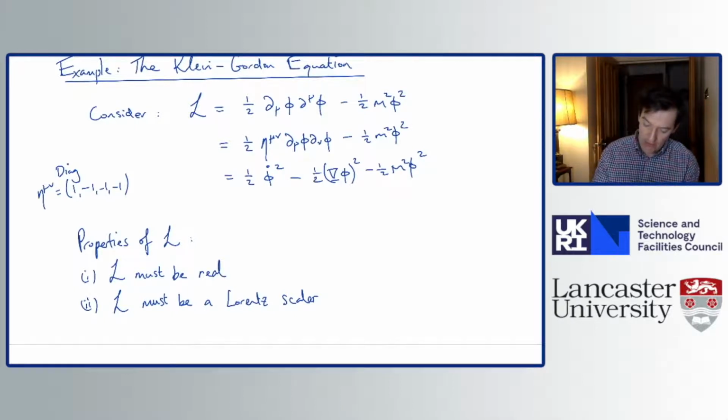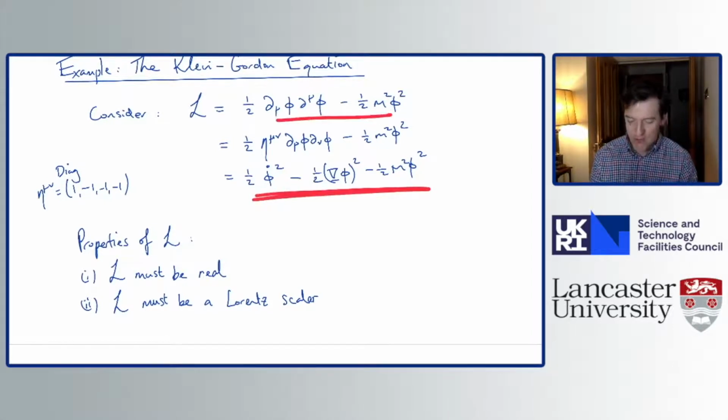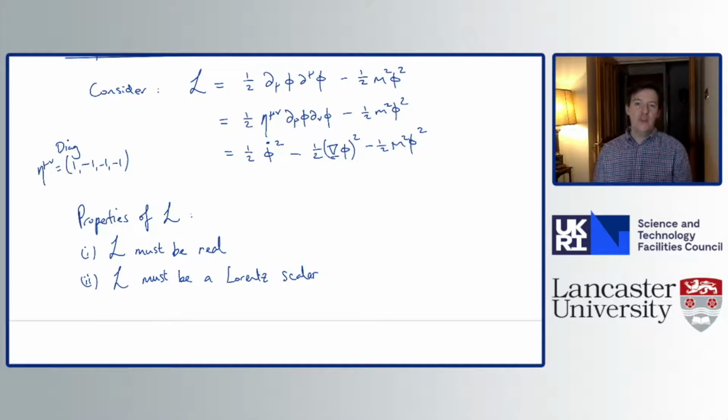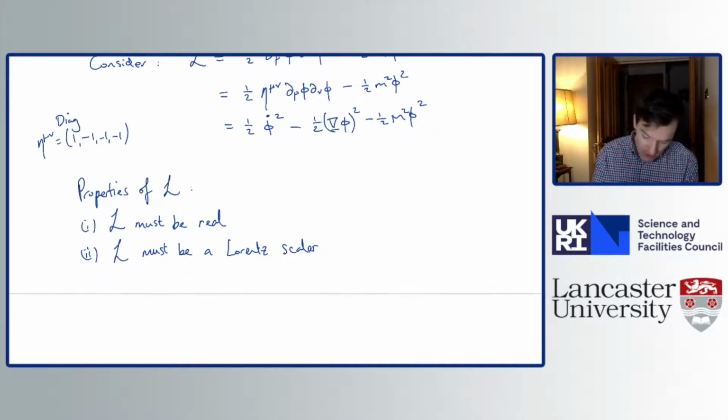From the top line, the fact that this is a Lorentz scalar is kind of just manifest. I guess it's less obvious if you look at this form, but this is, of course, the nice feature of 4-vector notation.